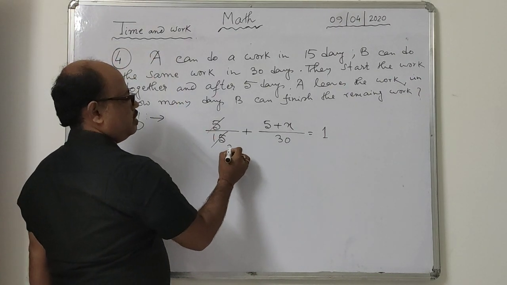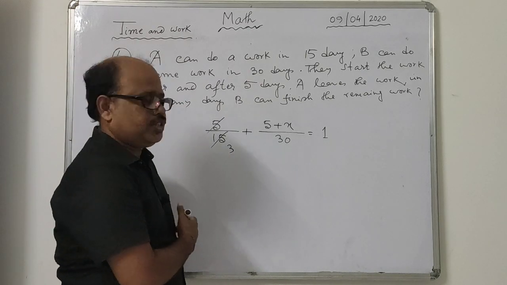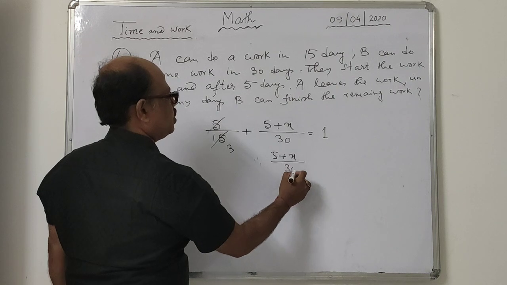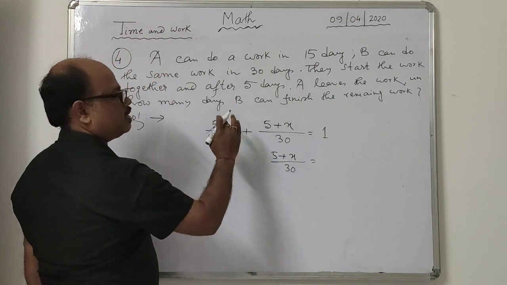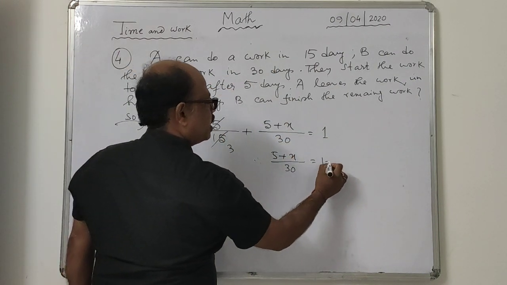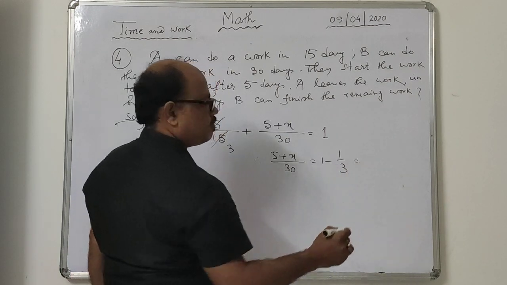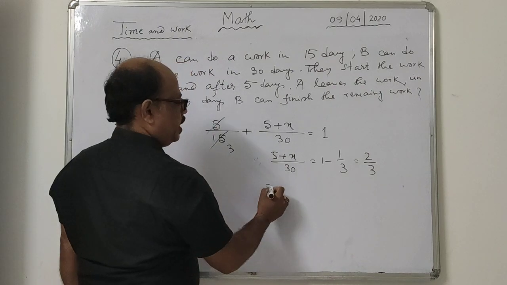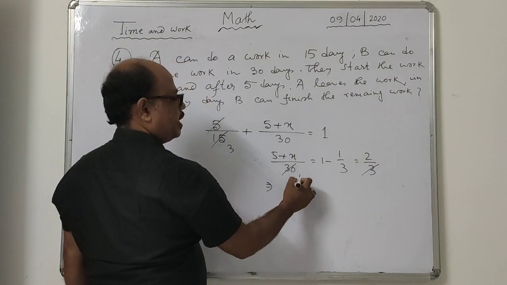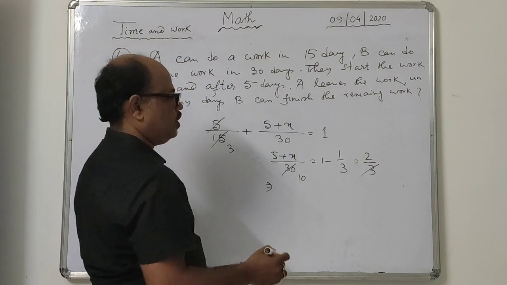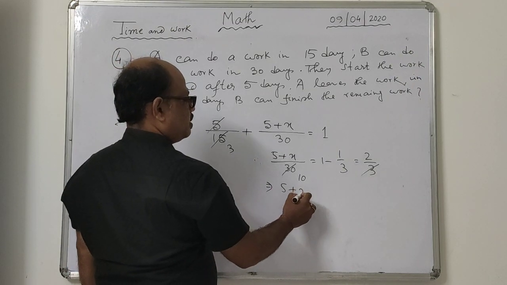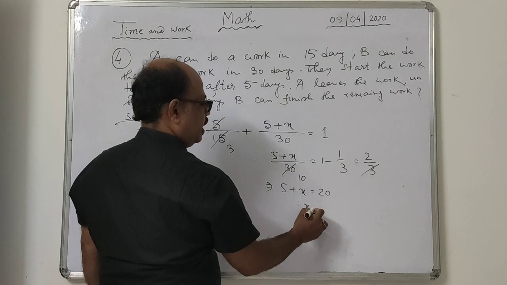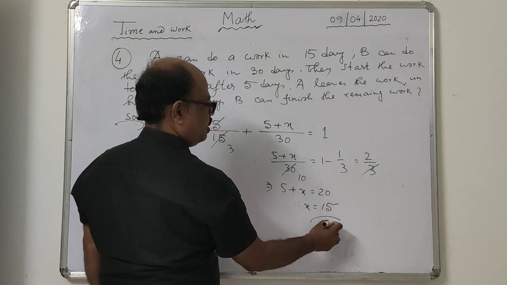After cancelling, 5 3s are 15, then 5 plus X by 30 equals 1 minus 1/3. After subtracting from 1, it will be 2 by 3. Then 3 and 30 will be cancelled. 3 10s are 30. And 5 plus X equals 20. Then X equals 15.